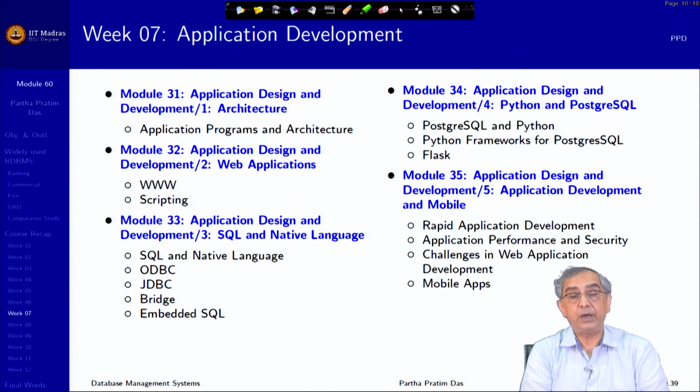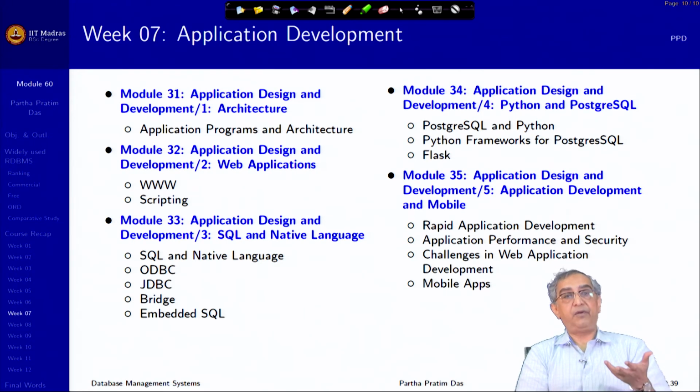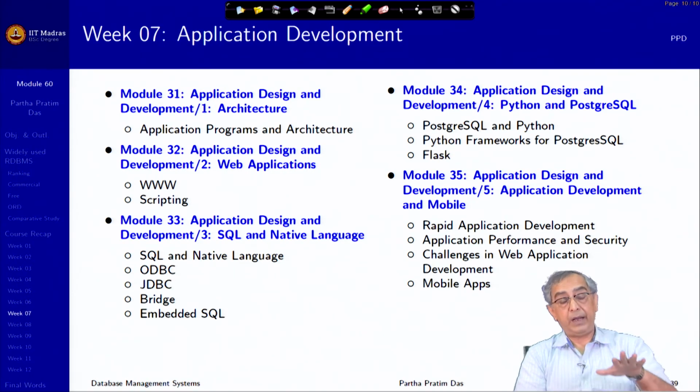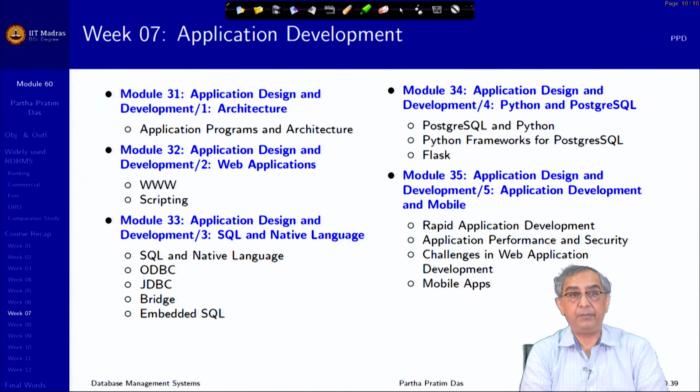How you can use free databases like PostgreSQL, Python or frameworks like Flask in terms of doing that. What is the role of rapid application development in this? How do you connect easily from a programming language to a database system to write the intermediate layer of the application and so on.